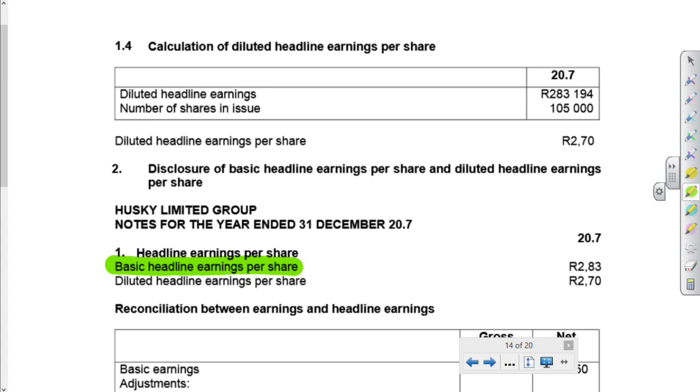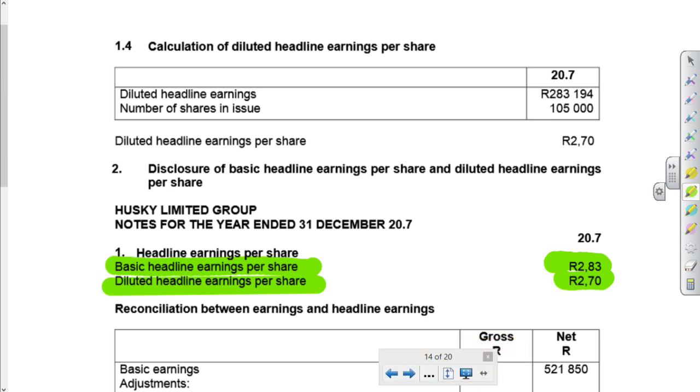Basic headline earnings per share, diluted headline earnings per share, 283 to 70. Just so that you also have a starting point, basic earnings, 521,850, because you're going to have to add up all those columns, just so that you can check that one.